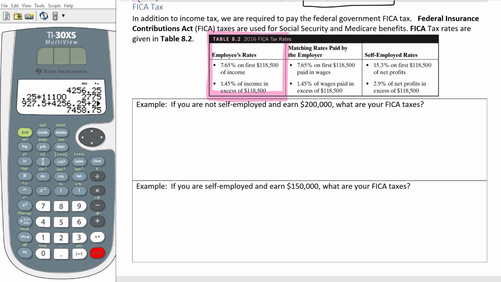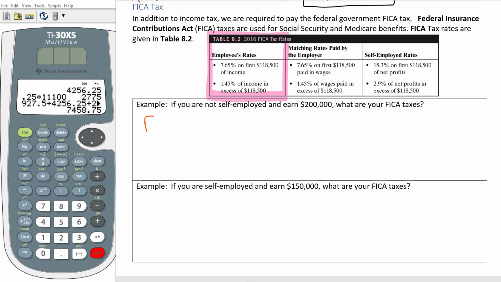For the first $118,500, you have to pay 7.65% in your FICA taxes, and anything after that is 1.45%. So there's just two brackets, above or below that one number, 118,500.